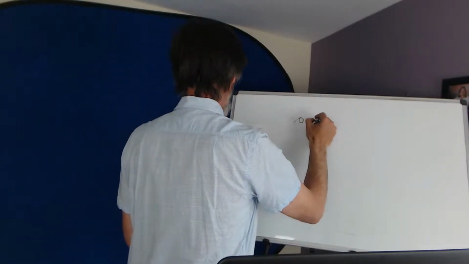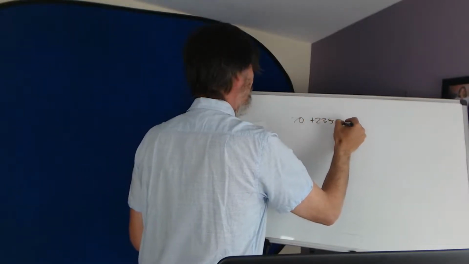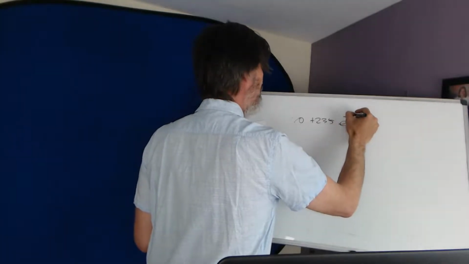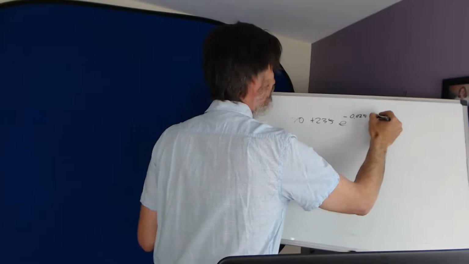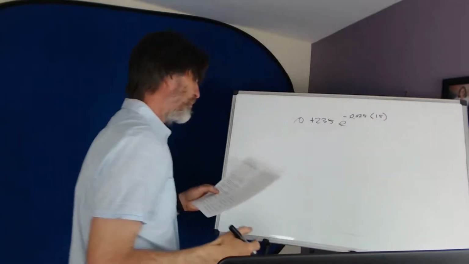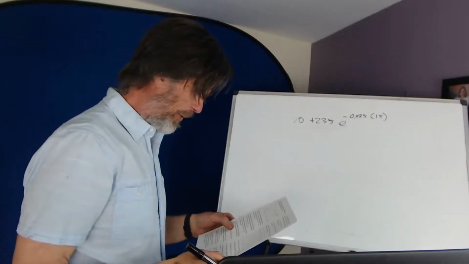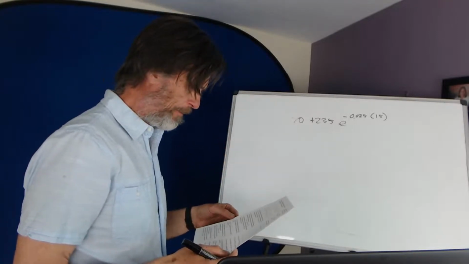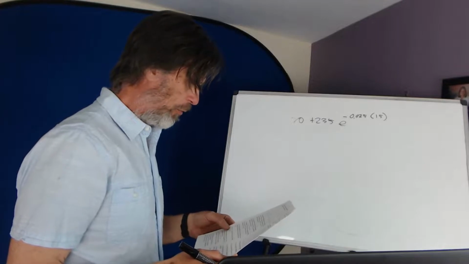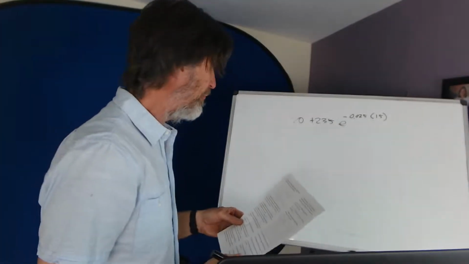Well, whatever 70 plus 235 e to the negative 0.025 times 15 happens to be. Let me check my units here. Number of minutes, so you'll figure that one out. And then find T prime of 15.